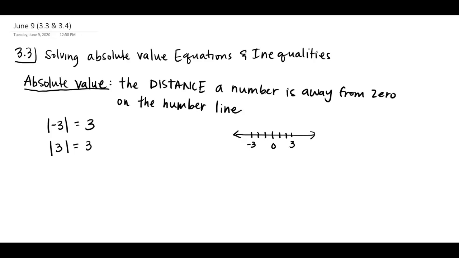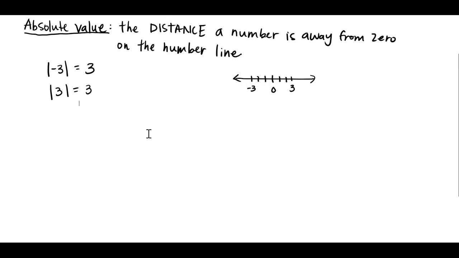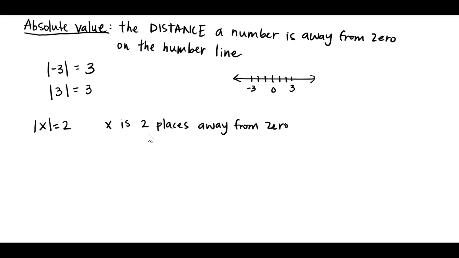Okay? And so we're going to be solving absolute value equations. And let's just take a look at something like this. If I said, the absolute value of x equals 2. Well, this is saying that x is 2 places away from 0 on the number line.